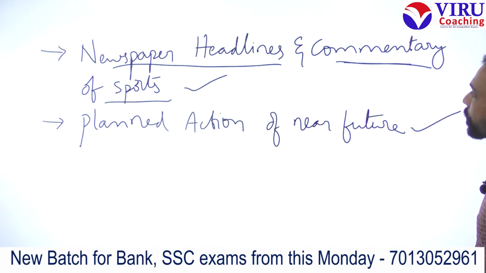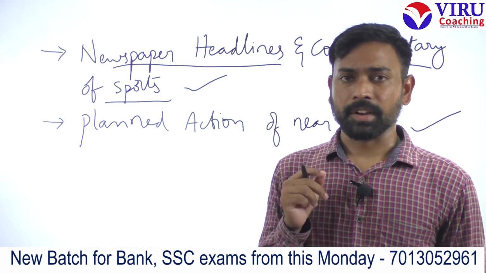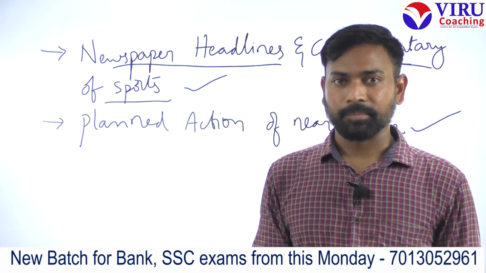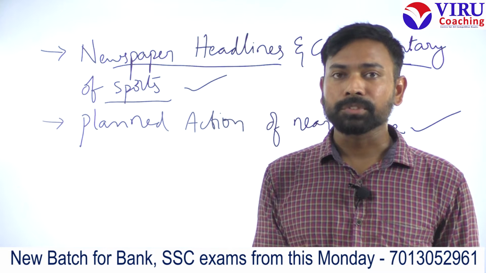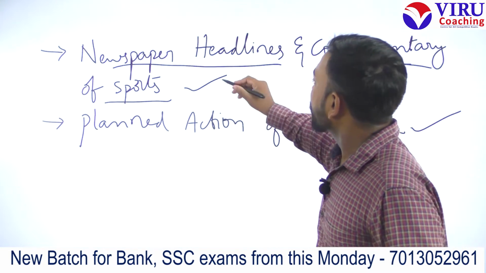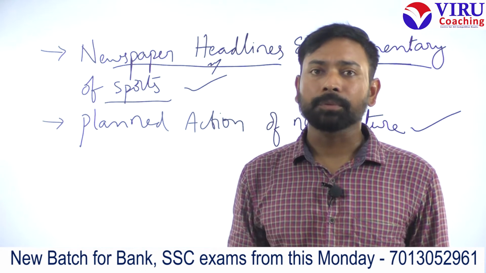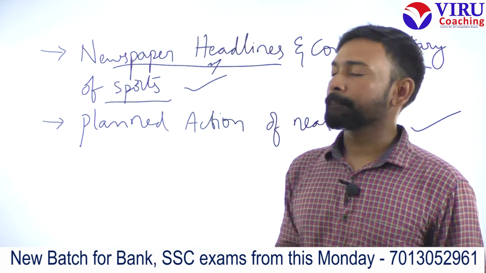Let's go to these two important points that you have to keep in your mind. Newspaper headlines and commentary of sports are always used with simple present tense. For example, Prime Minister signs MOU, Memorandum of Understanding. Prime Minister signs a deal.